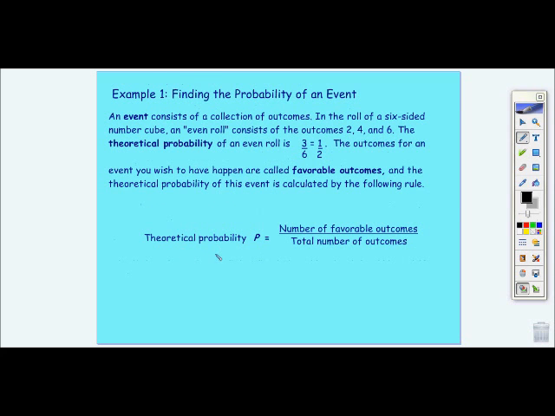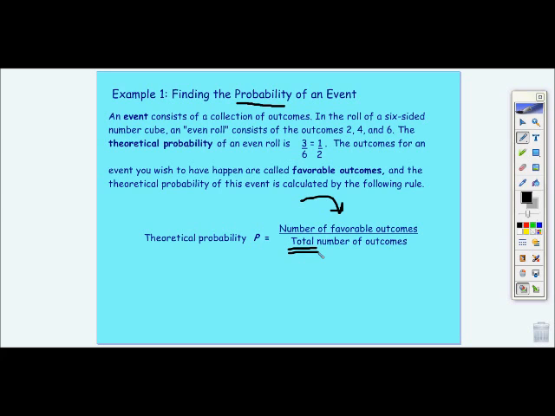move to example one. So we're going to find out probability. So the probability of an event. Probability is always the number of favorable outcomes over the total number. Probability is favorable, what you want to happen, over the total number of outcomes. So, an event consists of a collection of outcomes.